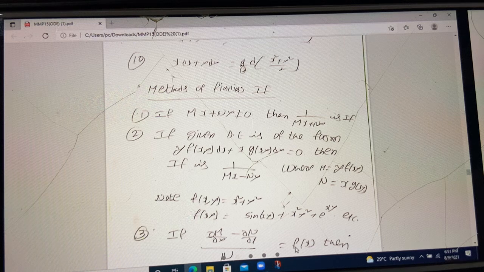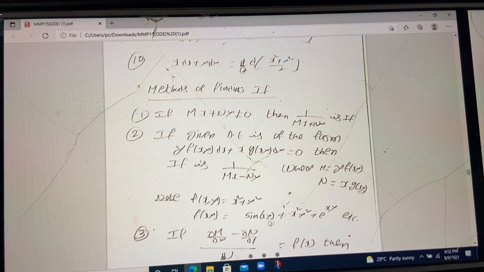So here, if it is in the form y into f of xy, I am not saying f of x comma y, but f of xy. Here, this is f of x comma y: x power 2, y power 2. They are separate. But xy means x and y should always be together.